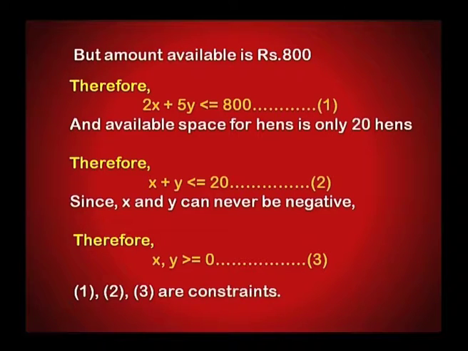Again, available space for the hens is only 20 hens. Therefore, x plus y less than or equal to 20. Now, since x and y can never be negative, x and y are greater than or equal to 0. Here equations 1, 2, 3 are constraints.